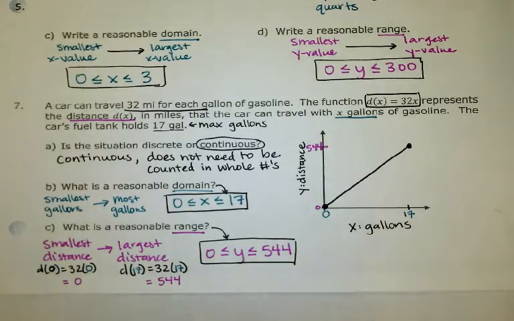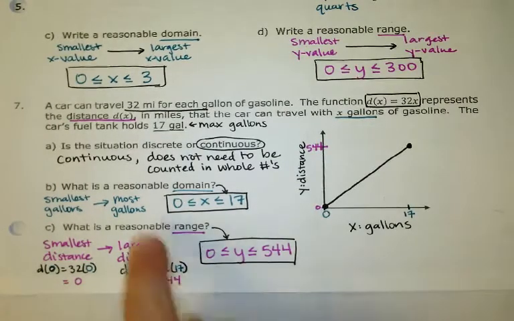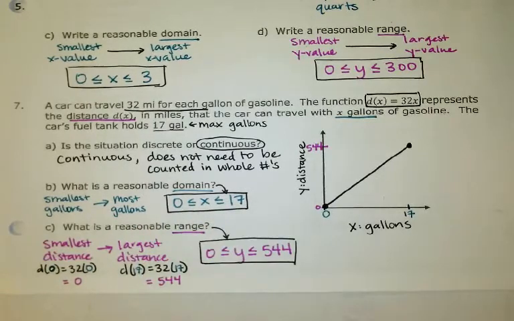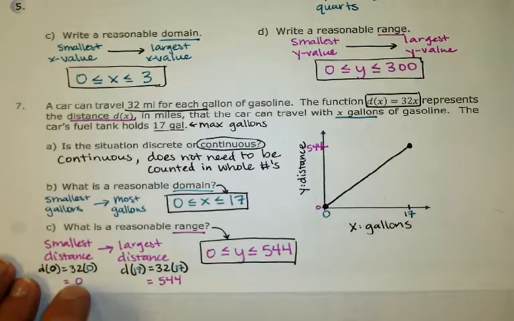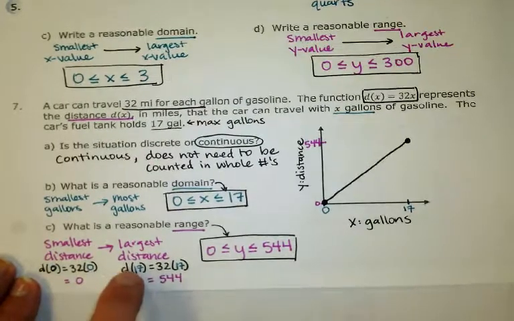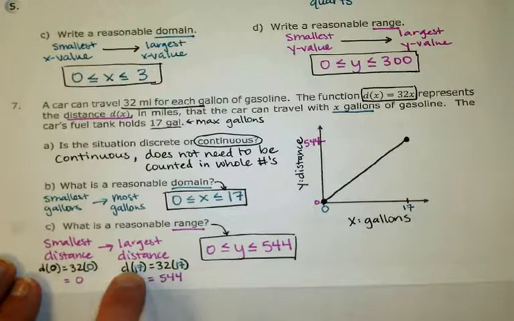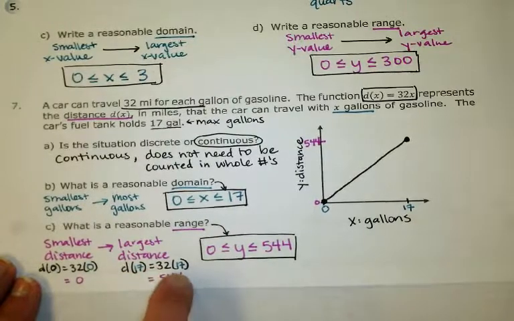So we went from 0 to 17. My reasonable range was the smallest distance to the largest distance. So if we spend 0 gallons, we go 0 distance. If we spend all 17 gallons, we do 32 times 17, so that's 544 miles. So that's 0 to 544. And this again would be a continuous function.